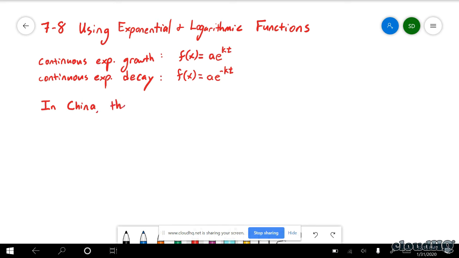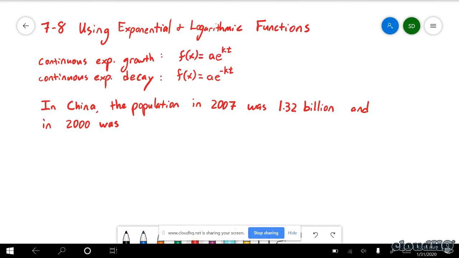The population in 2007 was 1.32 billion. And in 2000, it was 1.26 billion.